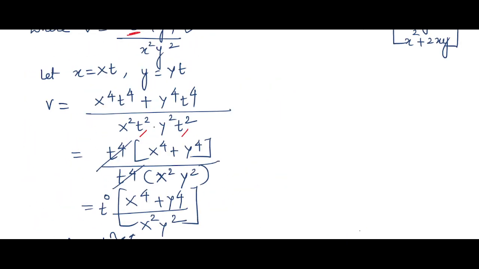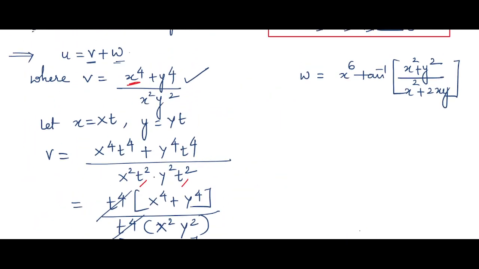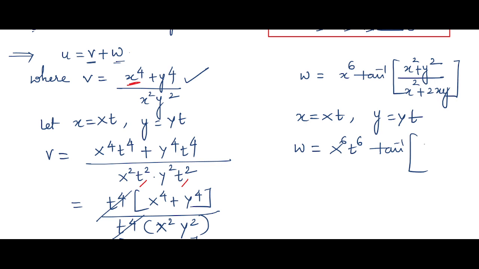Now similarly, like v, we are going to check whether w is homogeneous or not. So again we have to substitute x as xt, y as yt in w. w is equal to x⁶ becomes x⁶ t⁶ tan inverse of (x²t² + y²t²)/(x²t² + 2xyt²), that is x as xt, y as yt.